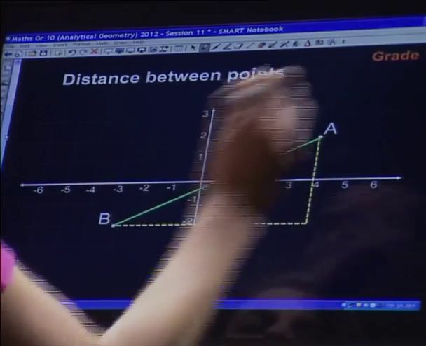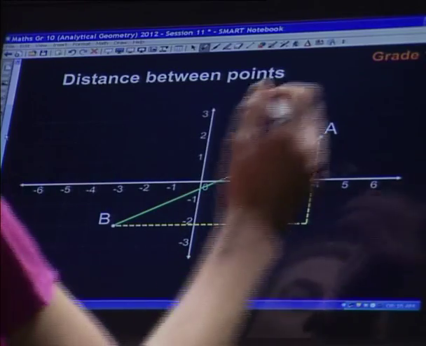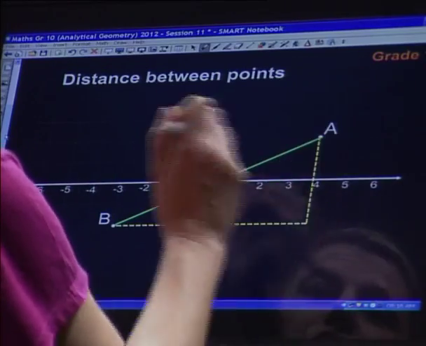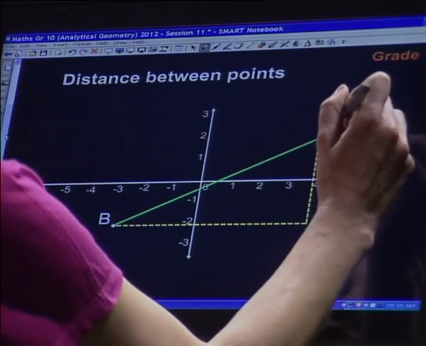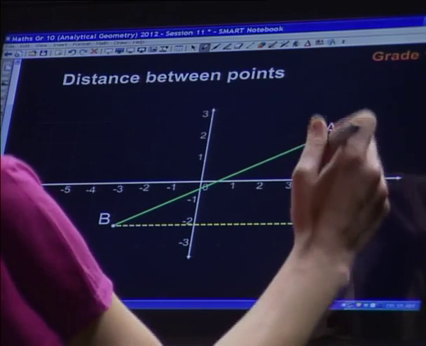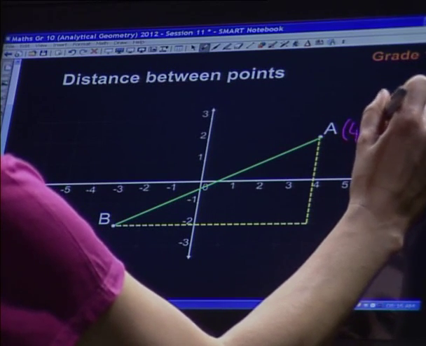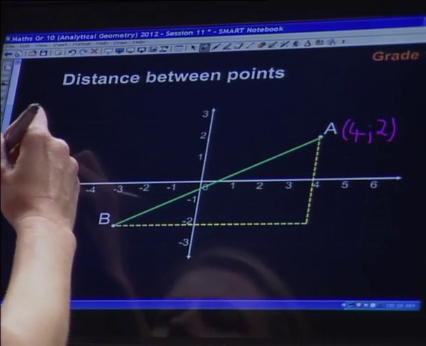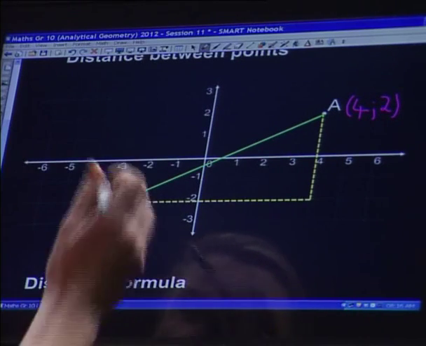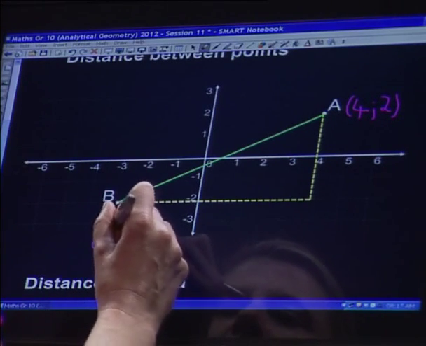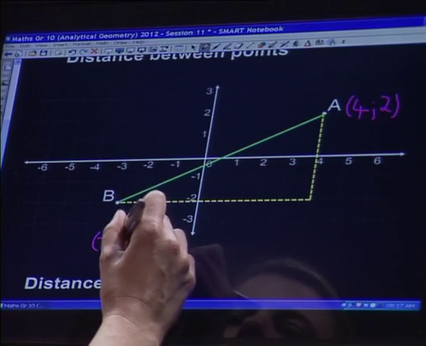If I have 2 points in a Cartesian plane, like I've got the point A, let's just read off its coordinates quickly. Its coordinates are x is 4 and y is 2. And I've got B over here. X is minus 3. Y is negative 2.